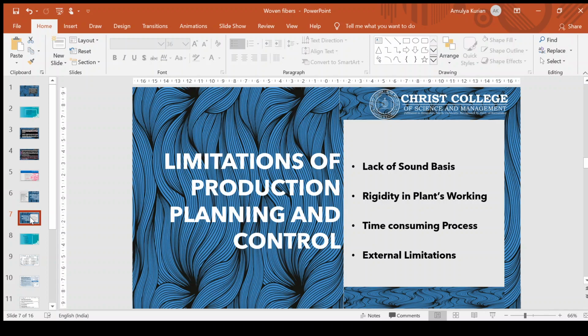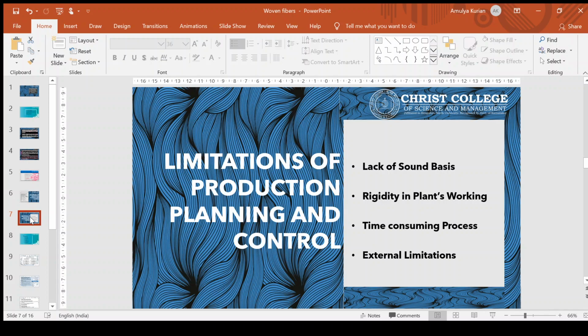As we are working based on the forecast which we could make from historical data, we can't 100% expect these things to happen in the future. So the limitations of production planning and control: first, lack of sound basis.